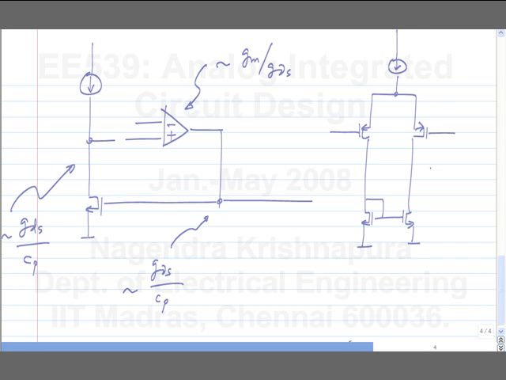So can I make something that still has a differential input but has perhaps a lower gain and a higher frequency output pole?